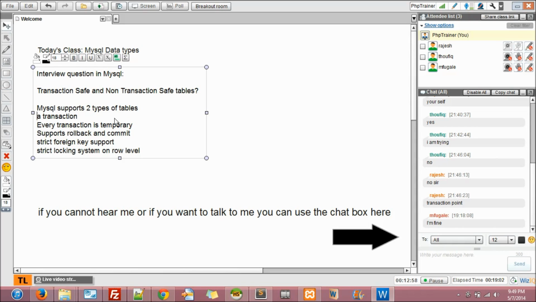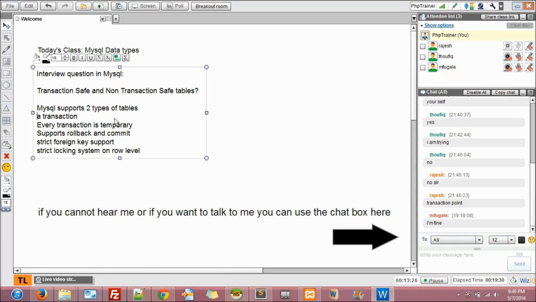So when a table is transaction safe, that means, for instance, you take your bank accounts, let's say. Whenever you are trying to transfer your money to someone else, suppose there might be something, the connection may be dropped, or your computer may be shut down.